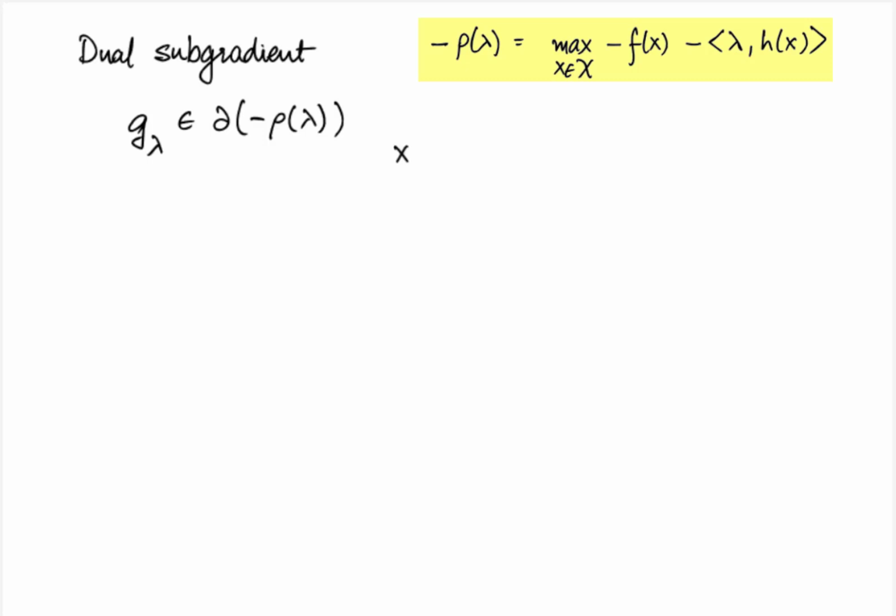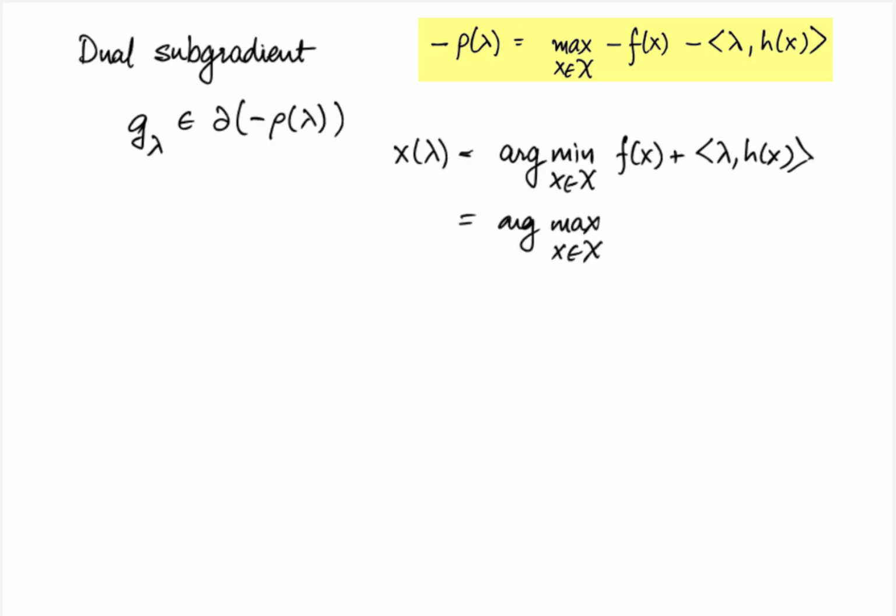Let us also define x of lambda equal to arg min of x in calligraphic X f of x plus inner product lambda comma h of x, which can also be written as arg max of x in calligraphic X minus f of x minus inner product lambda comma h of x.